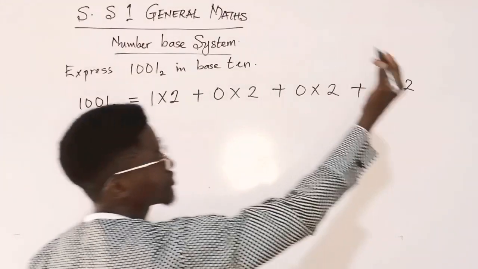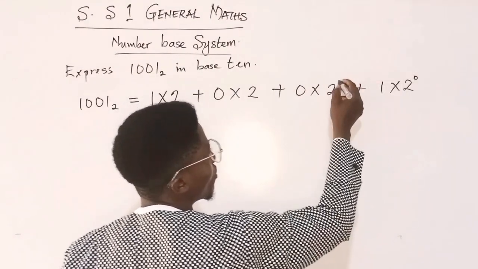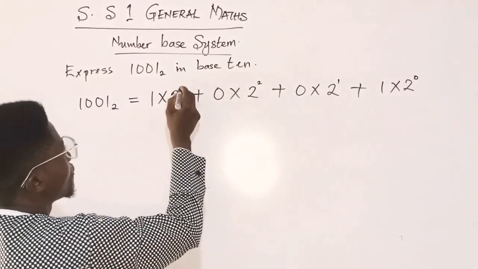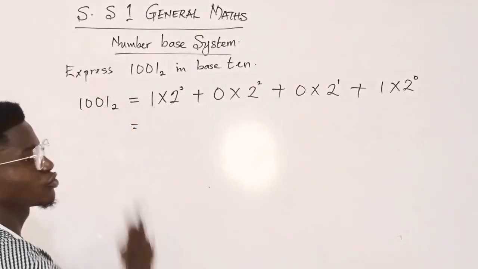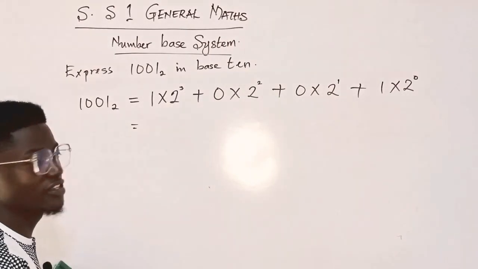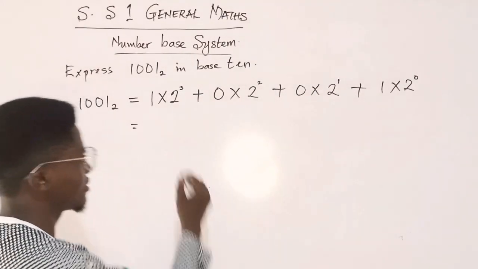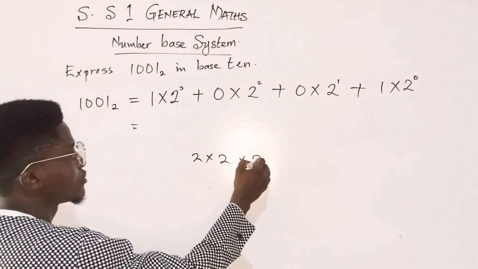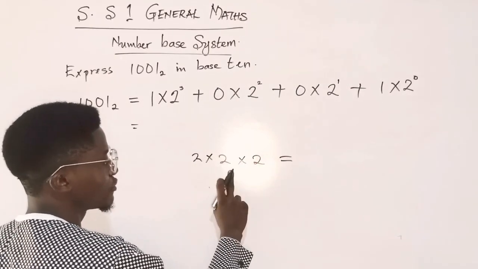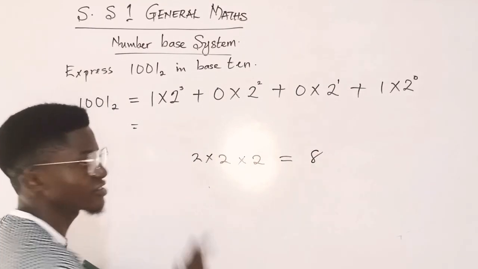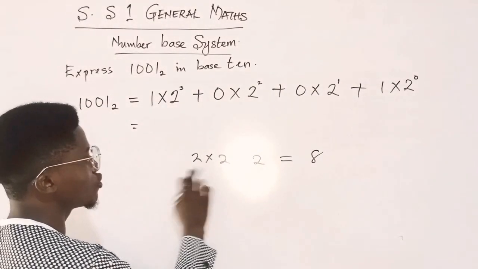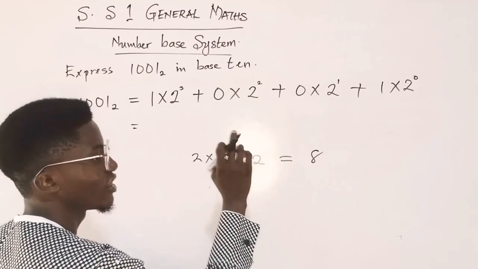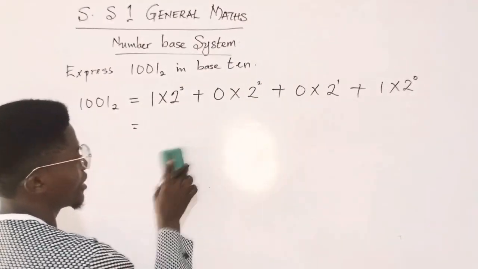Now, we shall start putting the powers 3, 2, 1, 0. Then let's simplify it further. 1 times 2 raised to the power 3. 2 raised to the power 3 is 2 times 2 times 2, which gives us 8. Please, 2 raised to the power 3 is not 2 times 3.